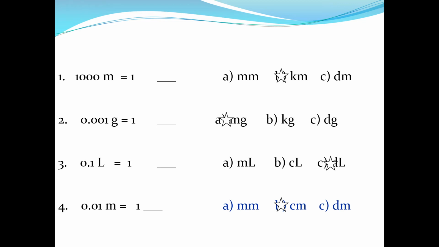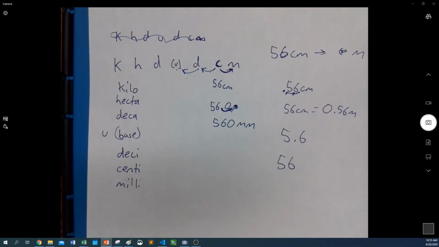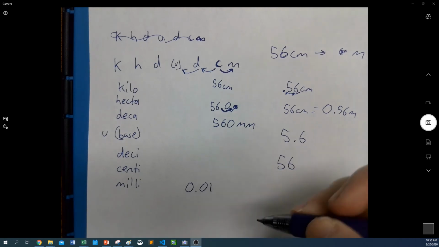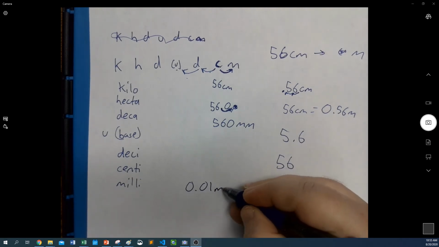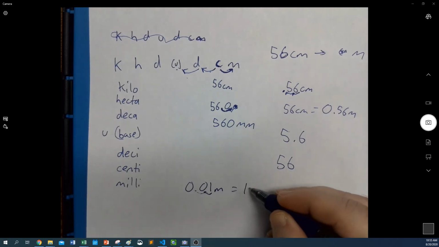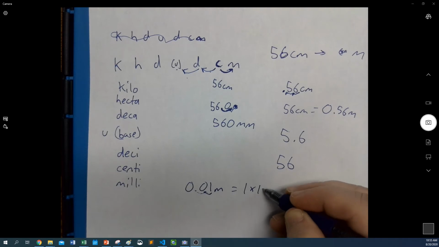Do you know how I do unit conversion? Do y'all know scientific notation? So 0.01 meters. So I count how many spaces. That's 1, 2. So that's equal to 1 times 10 to the negative 2 meters.